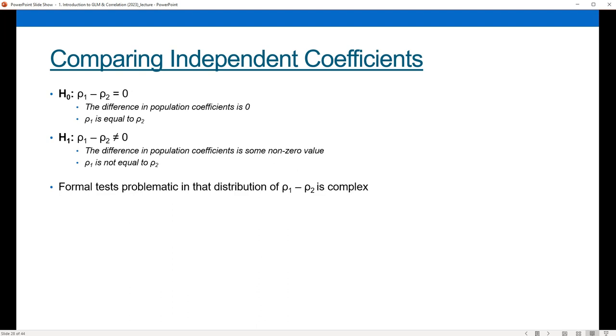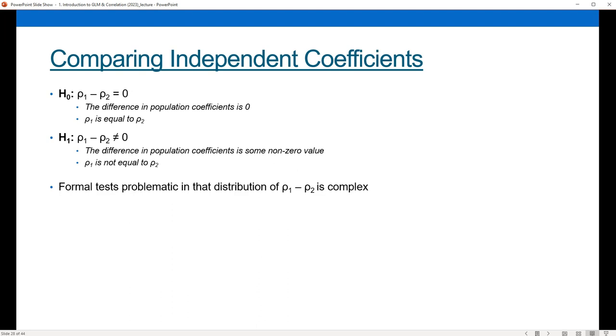So some cool opportunities with this. Problem is that the formal test is problematic because the distribution of rho 1 minus rho 2 doesn't follow a nice distribution, right? And remember that in order to have some sort of inference test, we have to know what the distribution of a statistic looks like, and the distribution of rho 1 minus rho 2 is complicated, okay?